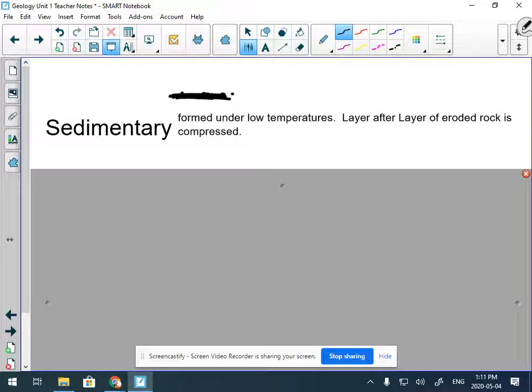Sedimentary rock is usually not very strong, and it's not formed under great pressure. It's formed basically on the surface of the earth. And then over time, another layer will form on that, push that layer down, and that layer gets stronger. Another layer will form, push that layer down, and it gets stronger. So that's sedimentary rock. We have a lot of that in Alberta.